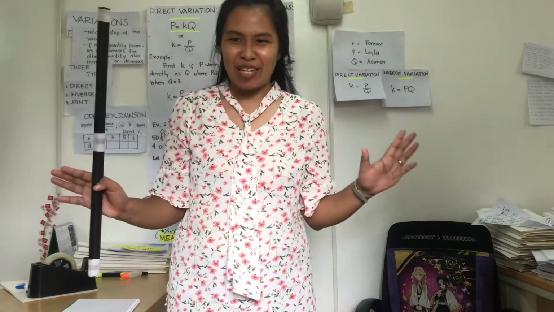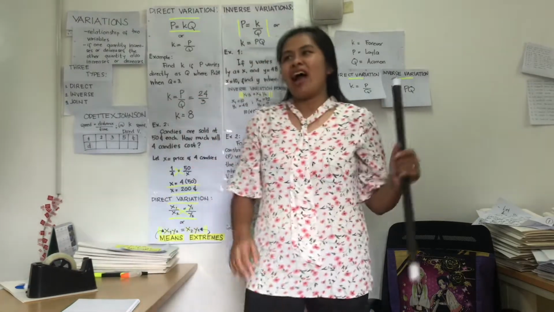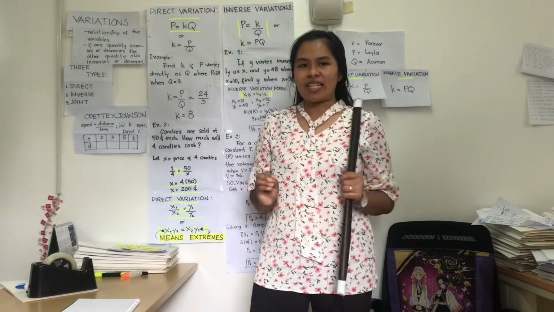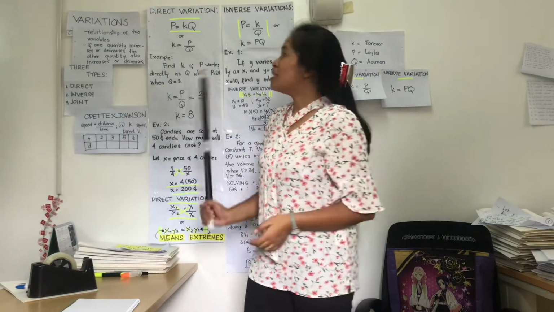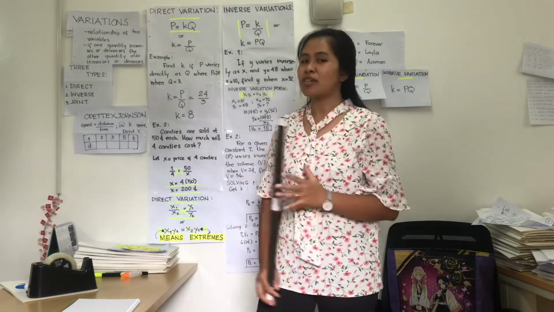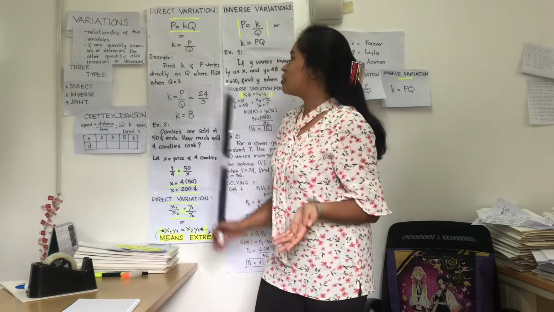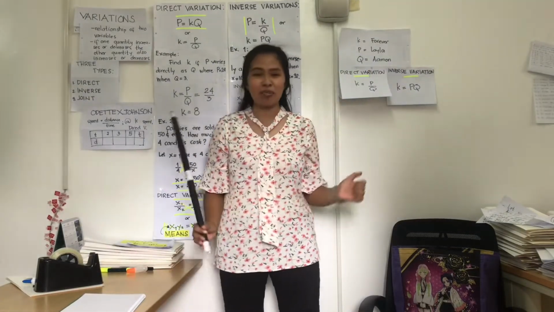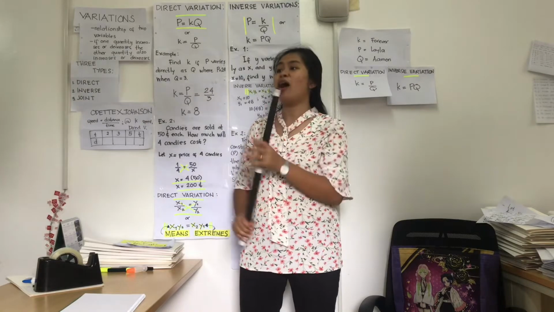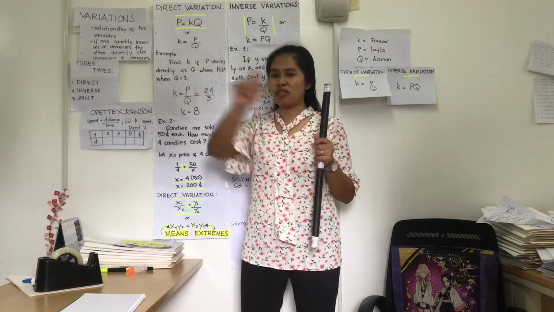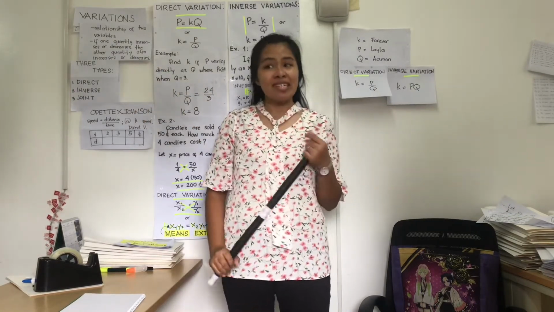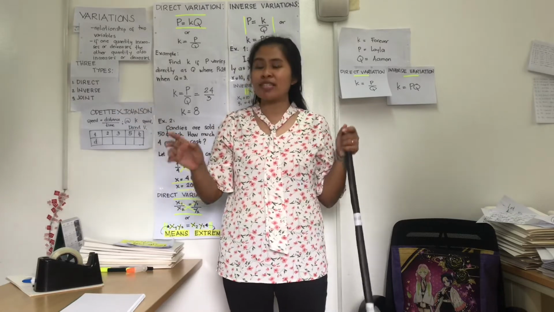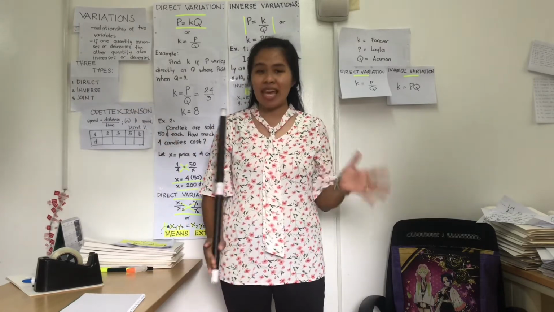Okay, settle down. What we must understand is that even in numbers, relationships are also present. In our topic for today, it is about the relationship of two variables. So what is a variable again? A variable is any letter or symbol that represents any number.